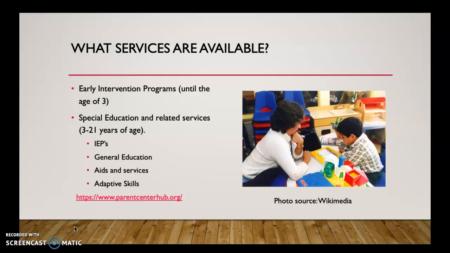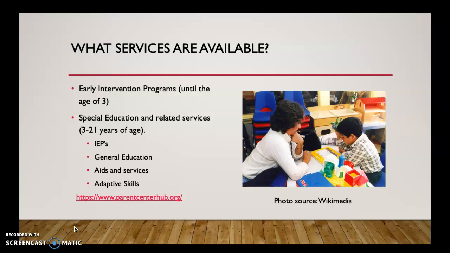Very early on they can be helped by early intervention programs, which help provide resources and ways for the child who is developing slowly to keep advancing at an early age, and these early intervention programs can be very helpful for the child and help them develop.